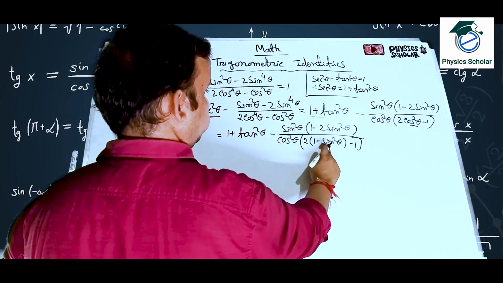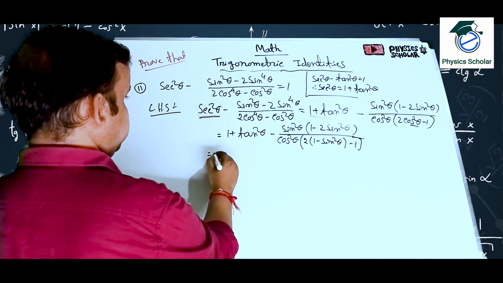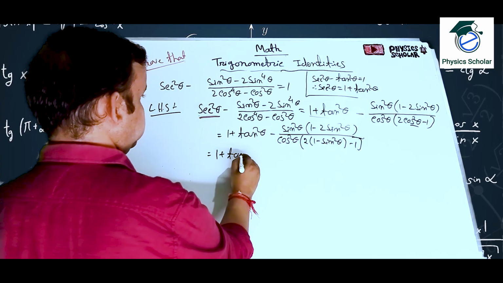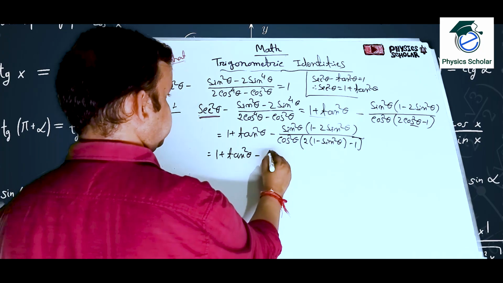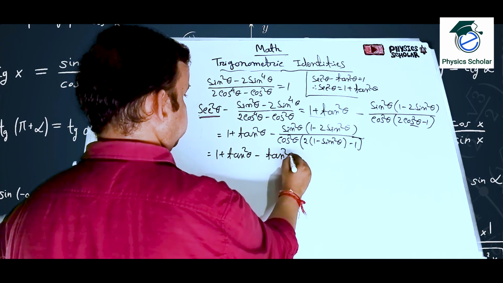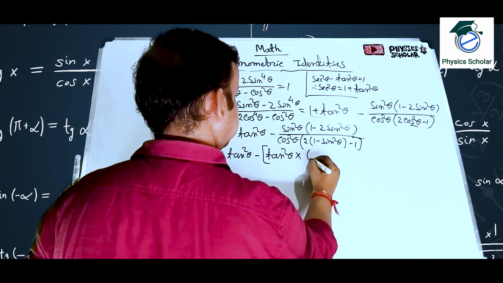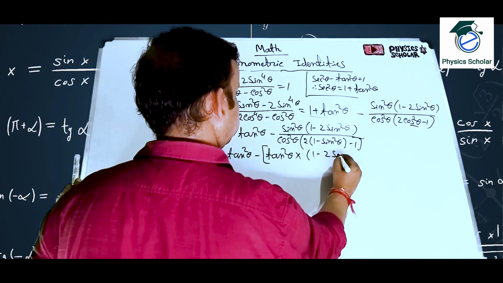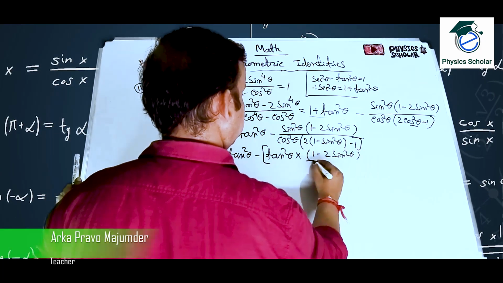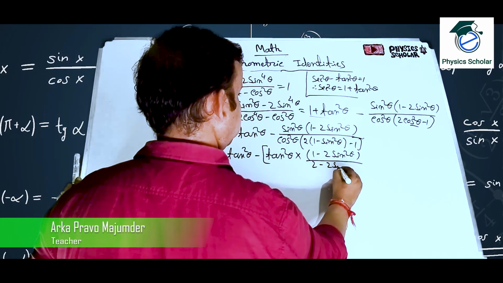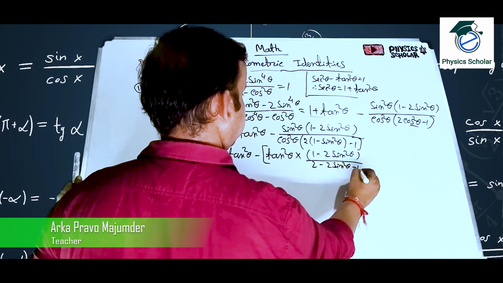So instead of cos squared we are writing 1 minus sin squared theta. Same thing, now sin squared by cos squared means tan squared. So 1 plus tan squared theta minus tan squared theta into (1 minus 2 sin squared theta) whole divided by (2 minus 2 sin squared theta minus 1).